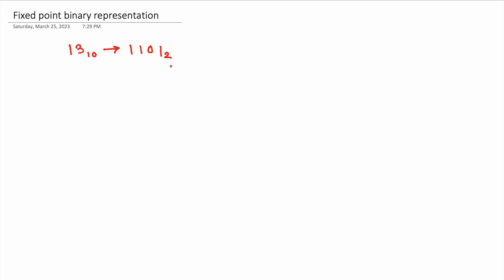What we usually do is we know the position of this one is 0, this is 1, this is 2, and this is 3, right? These are the positions from LSB to MSB. So this is our LSB and this is our MSB. To get an integer number, we simply multiply with the scaling factor, 2 raised to the power.